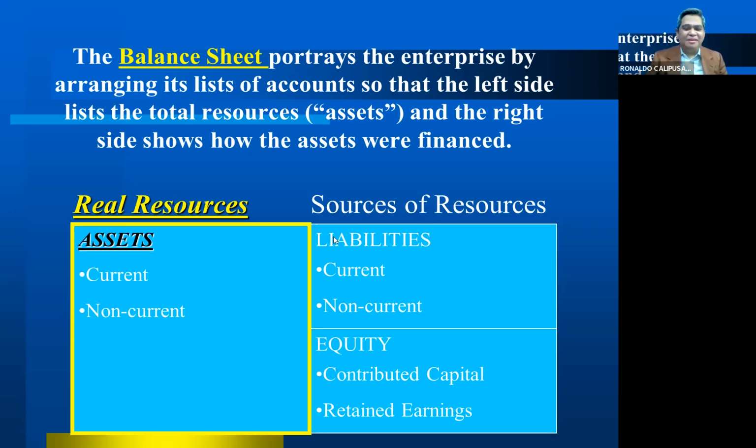You are probably asking right now, what makes an asset current? What makes an asset non-current? What makes a liability current? What makes a liability non-current? So think about that, and in a later slide, we will have that.